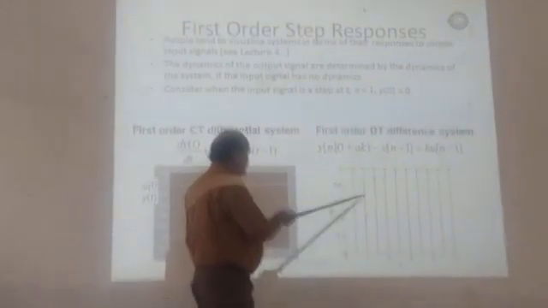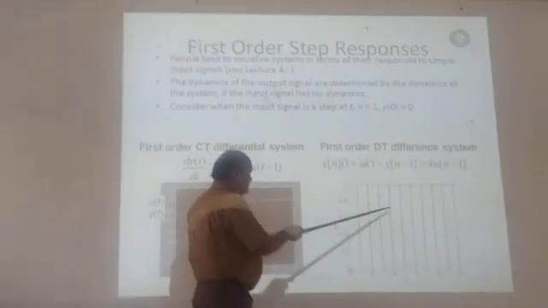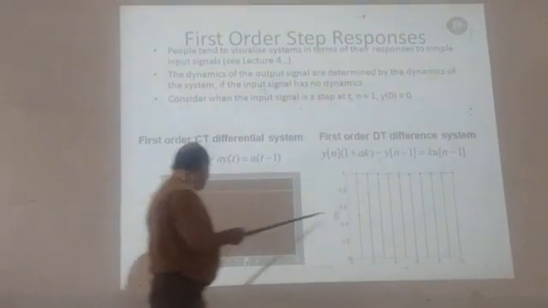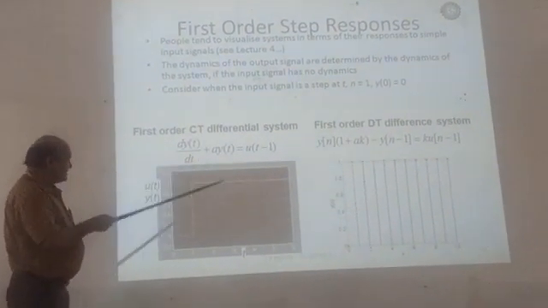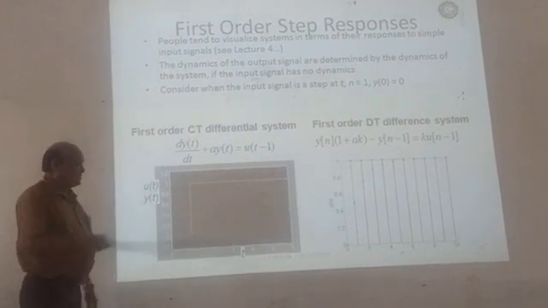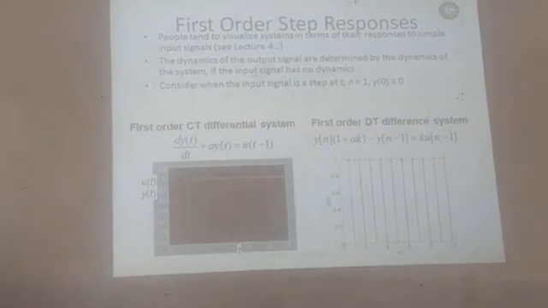This is the sequence given here for this equation as a discrete time system, and this graph you can see here for the continuous time first order system.